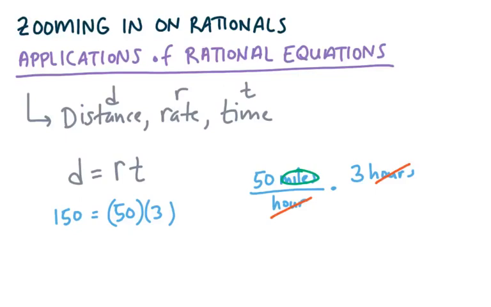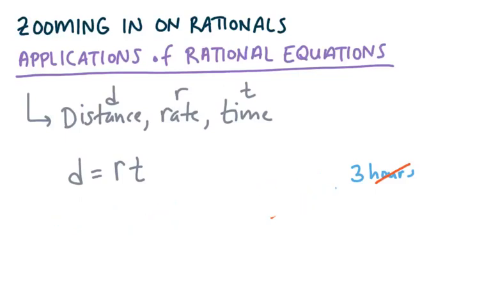Now, of course, we don't always want to calculate distance, right? Sometimes we know our distance and our rate and we want to find time. Or maybe we know our distance and our time and we want to find our rate. So we can very simply manipulate this formula to generate two other relationships.